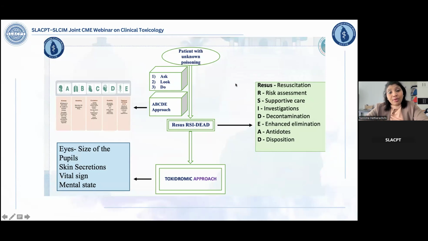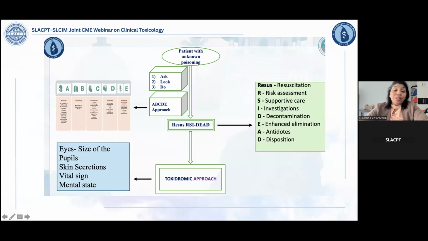As I said before, we usually go with the RESUS RSI DEAD pathway, which is a mnemonic we use for the protocol management of a patient with poisoning. But before that, since you don't know what the patient has taken, it's very important to apply a toxidromic approach to come to a diagnosis.